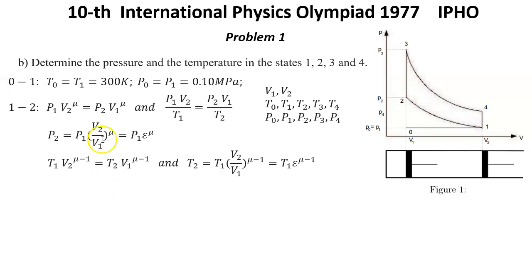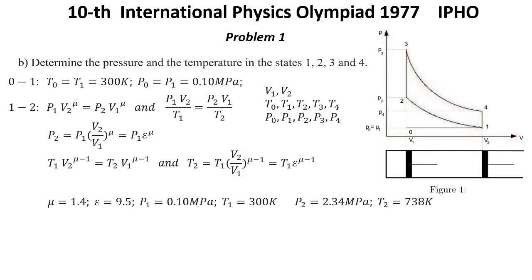After that, by dividing this equation by this equation, we arrive after a straightforward calculation at T1 V2 power gamma minus 1 equals T2 V1 power gamma minus 1, and finally T2 equal T1 V2 over V1 power gamma minus 1, or T1 epsilon power gamma minus 1.